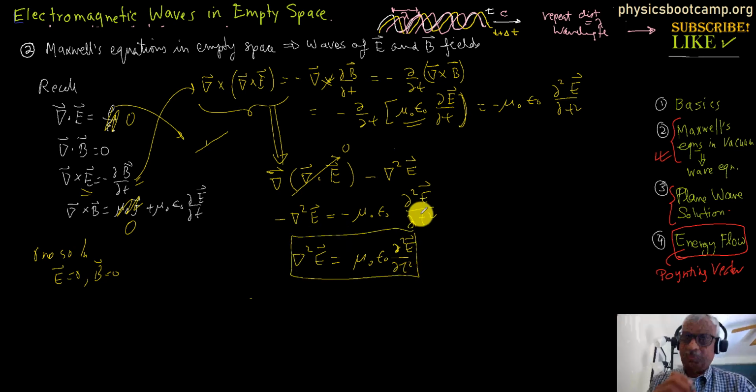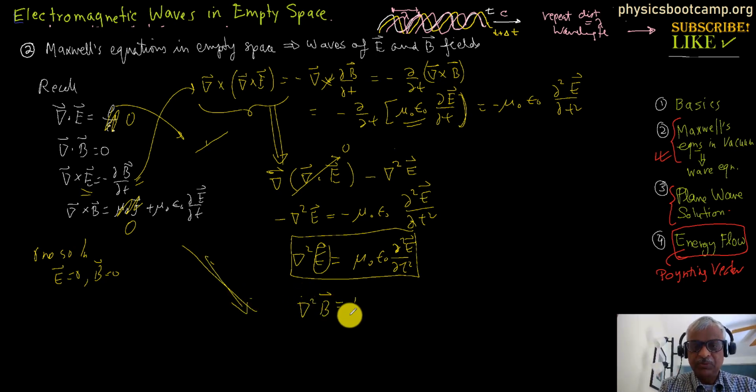So this is a wave equation for the vector field E, and you can do the same thing. The same thing will give you del square B equals mu naught epsilon naught d square B dt square.